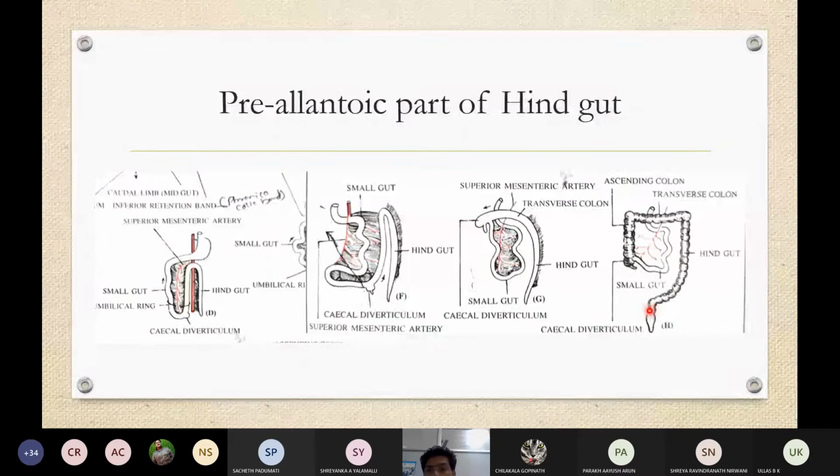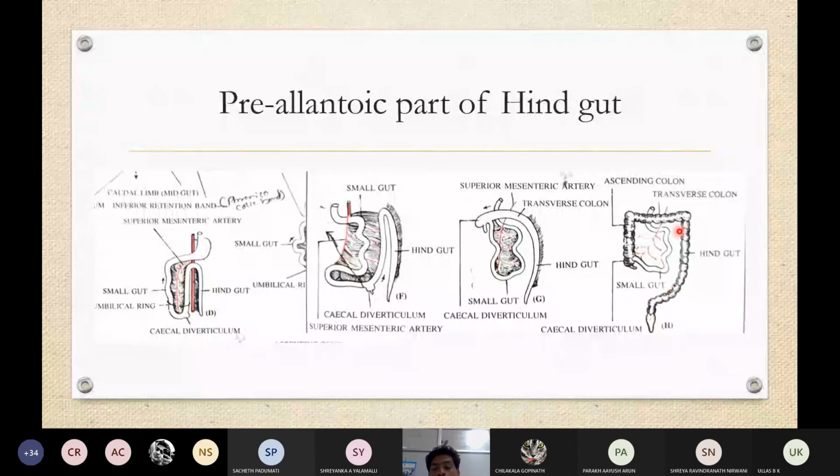Okay, I told you the inferior mesenteric artery is the artery of the hindgut, which further develops towards inferior and towards the left side, and further gives branches, ascending and descending, the left colic artery, descending colic artery and inferior rectal artery. Different 3-4 arteries it gives, and they divide into ascending and descending branches and make a linear anastomosis.